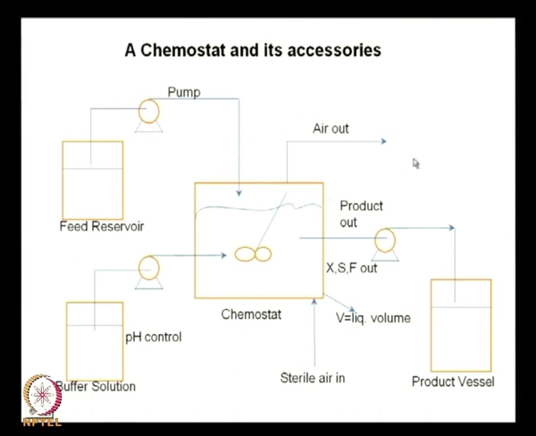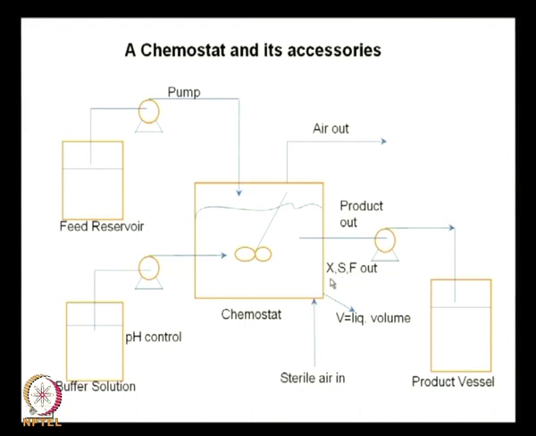The air is taken out here and replenished from here. The sterile air comes in just for the oxygen that you need to supply, and the nutrients, that is the carbon, hydrogen, nitrogen in liquid form, are part of the feed reservoir itself. So the product is taken out.